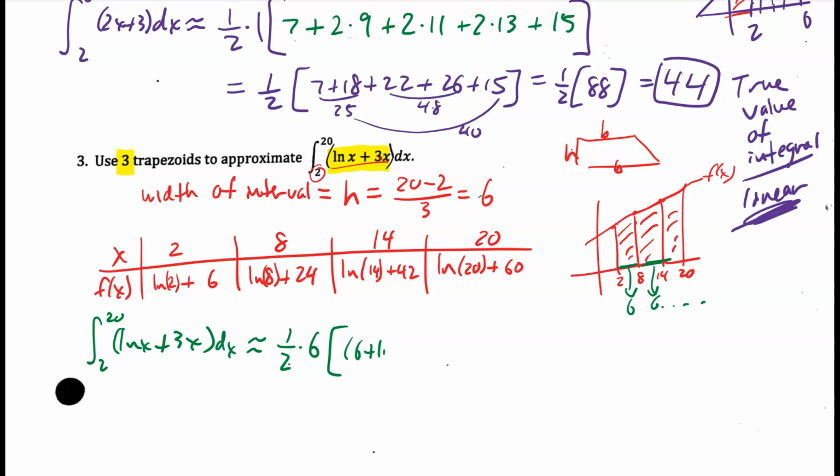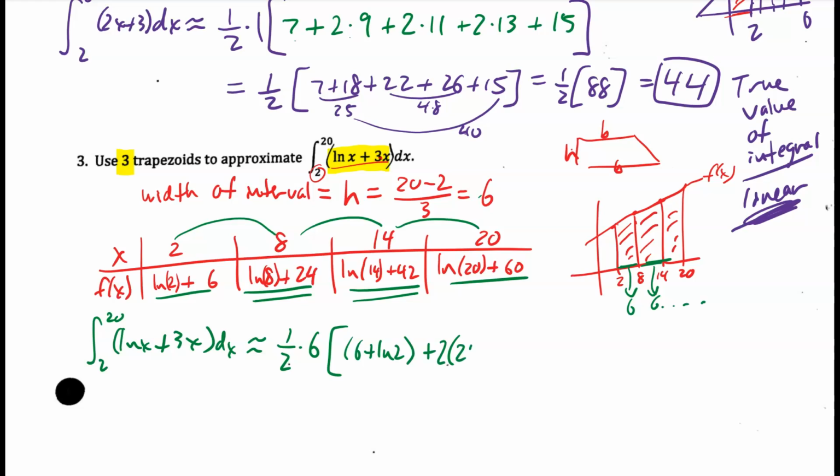I'm going to go 6 plus ln 2 plus, I need 2 of these guys, because remember, you're going to add this and this, so that was the first trapezoid. Second time, you're going to go this and this for this trapezoid, and then for this trapezoid, you'll go this and that.